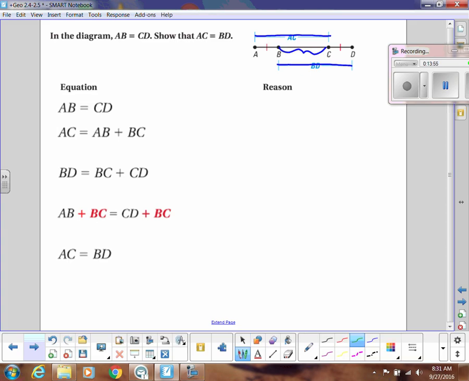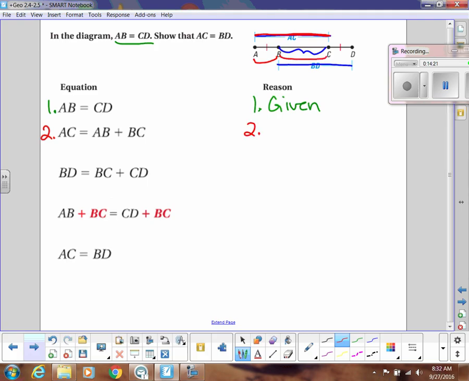All right, we always start with what we're given. So we're given AB equals CD. So our reason for that one, I'm going to label these. That's 1. So our reason is simply given. And then for the second one, this is where they're saying AC, that one is made up of this segment AB and this segment BC.